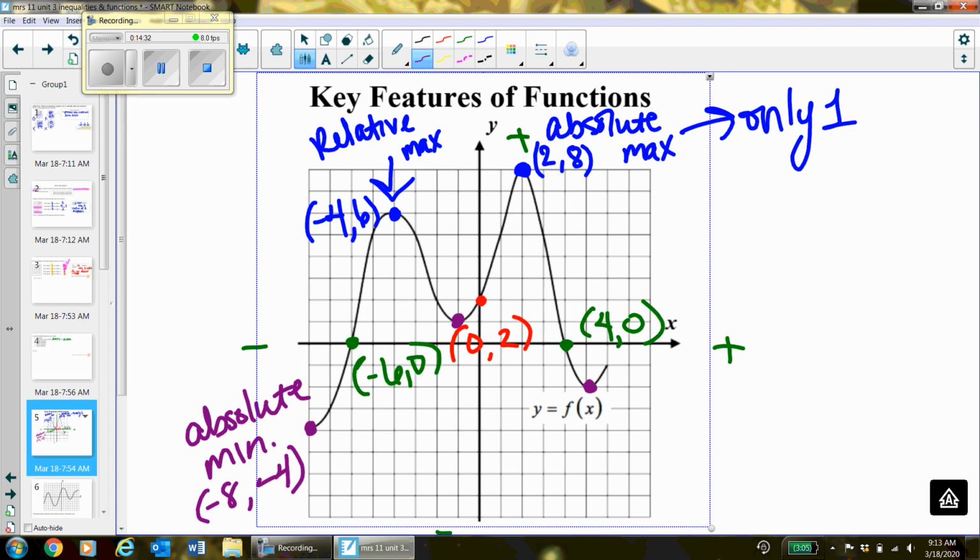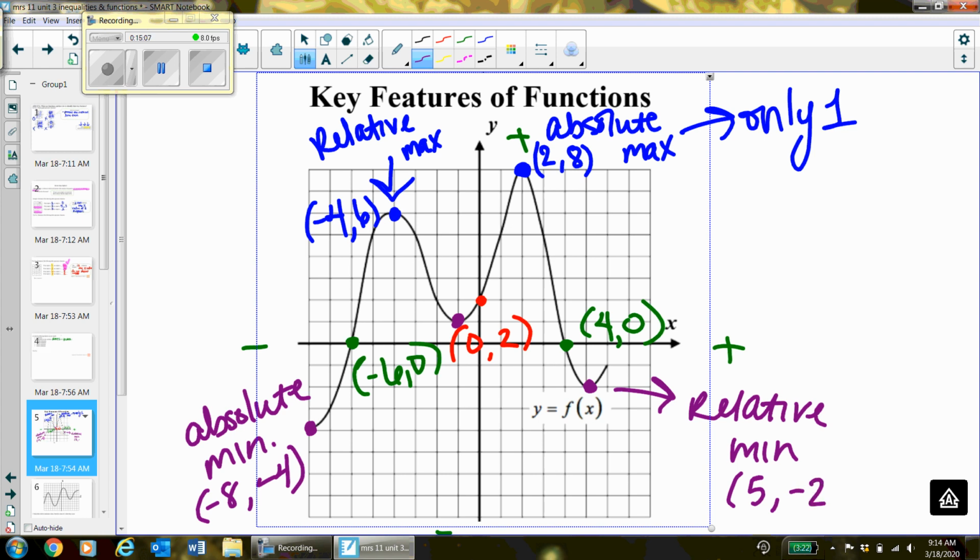All right, so now that we have our absolute minimum at -8, -4, we're going to tell which points are our relative minimums. Because if it's not absolute, then it has to be relative, right? Because there's only one absolute minimum. So here we have a relative minimum. All right, and we're going to count. So 1, 2, 3, 4, 5 for our x value, and how many down?